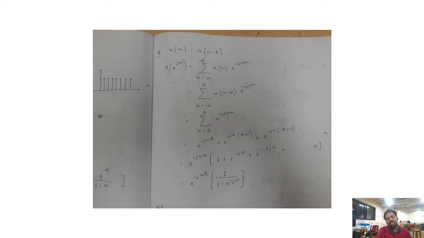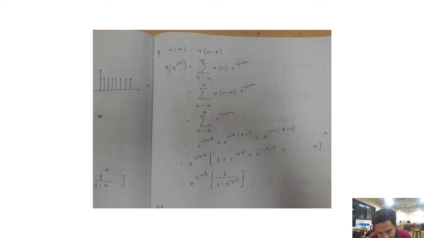Now X(e^{jω}) is equal to the sum from n equal to minus infinity to infinity of x[n]·e^{-jωn}. If I draw this unit step function, the original unit step u[n] lies from 0 to infinity, but the shifted one lies from k to plus infinity.